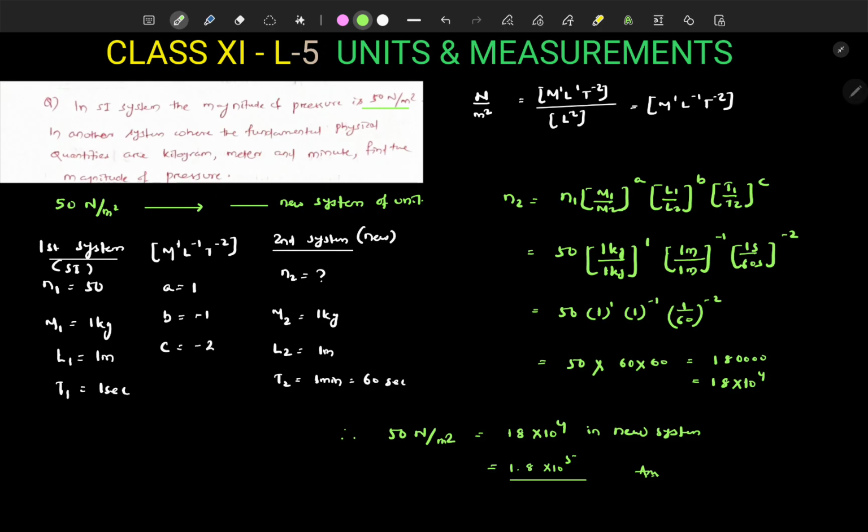So next, come to our second application of dimensional analysis. What is this application?